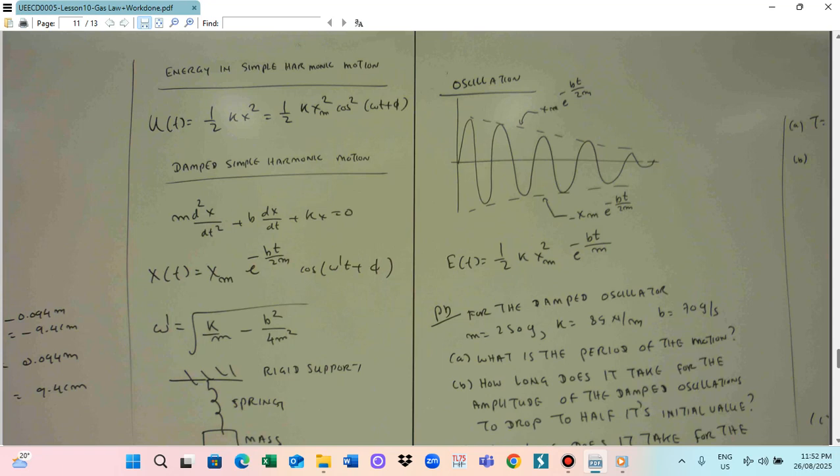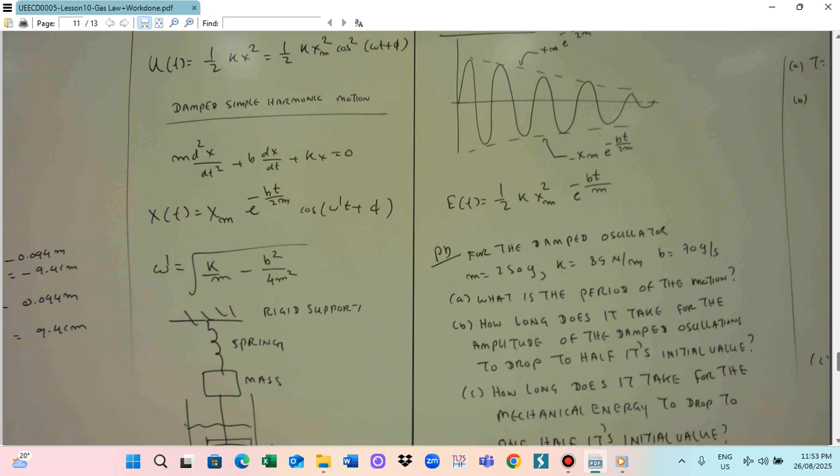This simple harmonic motion can also be calculated. The formula for the damped harmonic motion is m into d squared h by dt squared plus b into dh by dt plus k h equal to 0. So this is the equation for the harmonic motion. Therefore any moments can be calculated, so any elongation can be calculated.